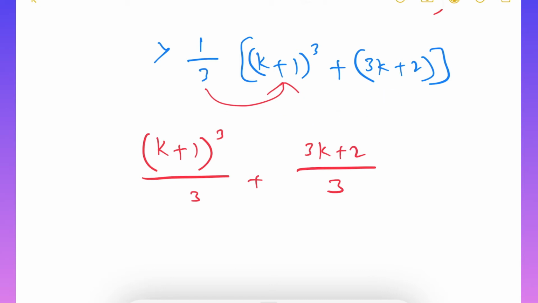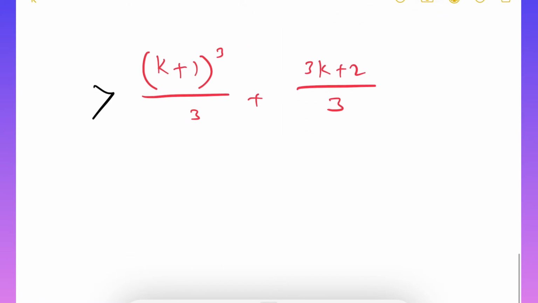Greater than symbol as usual. So this value is greater than k plus 1 whole cube divided by 3 plus 3k plus 2 by 3. It means this is greater than k plus 1 whole cube divided by 3 also.